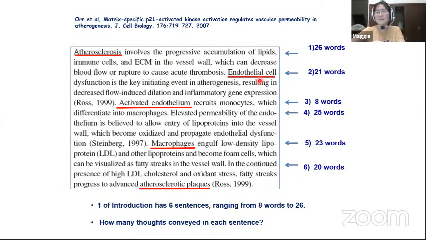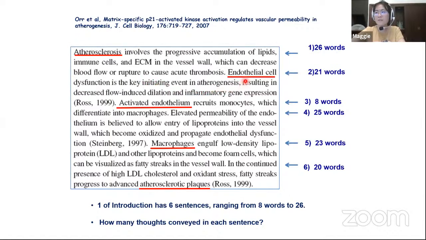And then next we move to the pathology, or the reason that causes atherosclerosis. It's the endothelial cells. "Endothelial cell dysfunction is the key initiating event in atherogenesis."